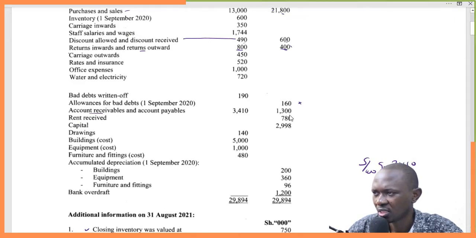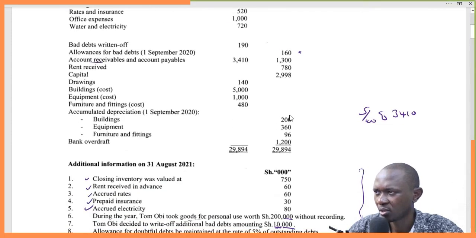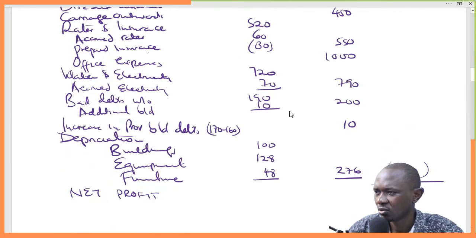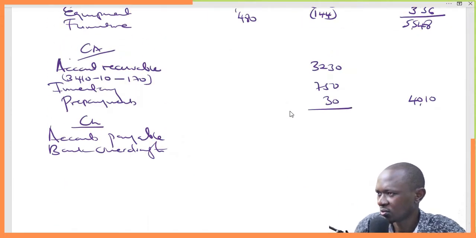Accounts payable 1300, it's a credit entry. Do you have any other thing? Nothing. Bank overdraft 1200. So those are the two things we have. Accounts payable 1300, bank overdraft 1200.